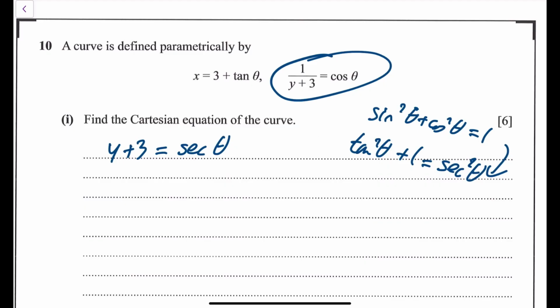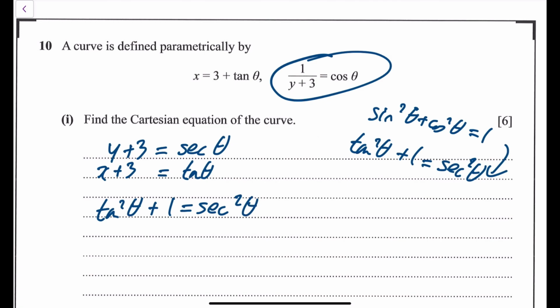So I'm just going to also then make tan a subject. So tan is going to be the same as x plus 3. So we are good to go with this then. So that means we're just going to write down the equation. What was it? Tan squared theta plus 1 is equal to sec squared theta.